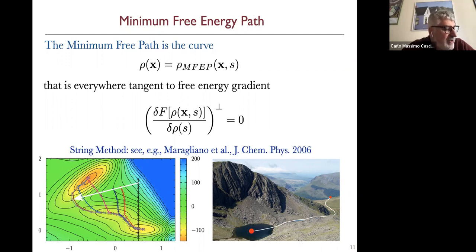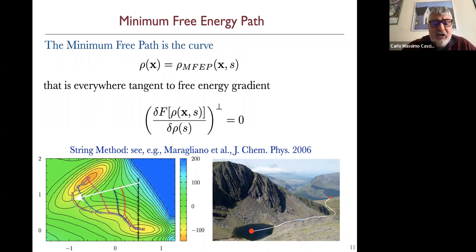You project it in the orthogonal direction to the path, and you pretend that this orthogonal projection is 0. For that, you need to relax your system towards the local minimum when you move in the transverse direction to the path. This is done by using this string method, which consists in building a curve in the space of the density field.